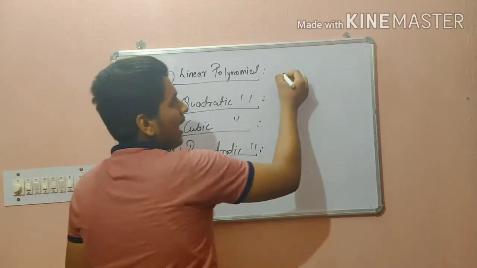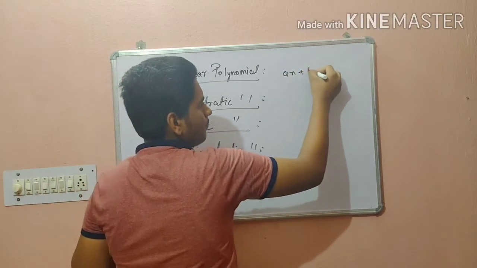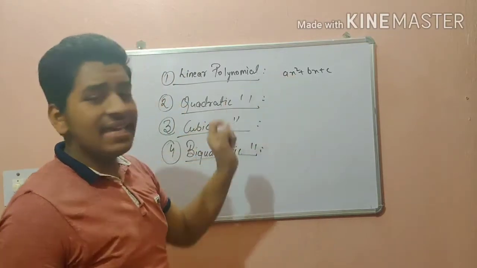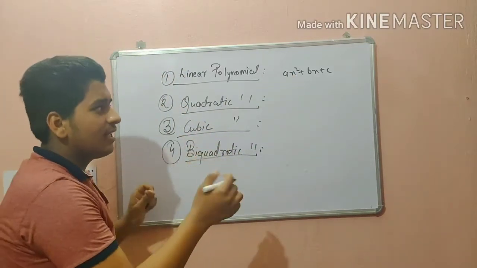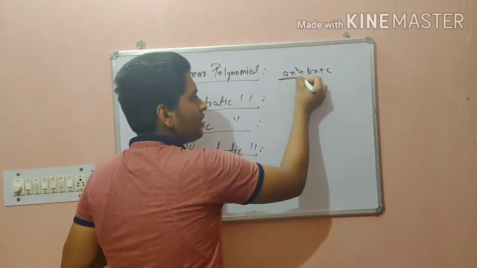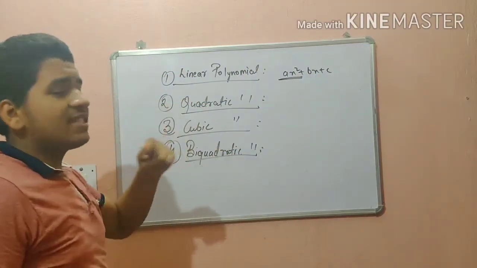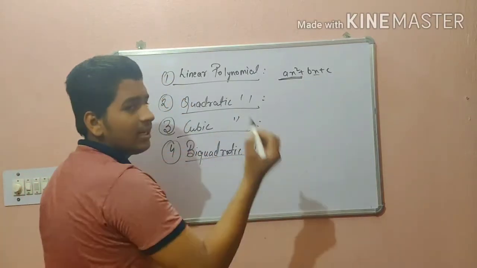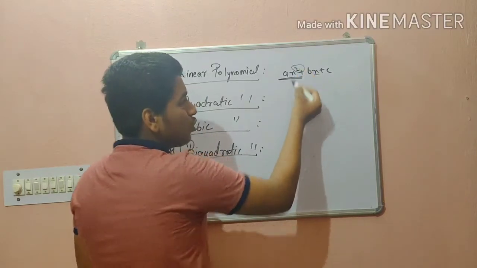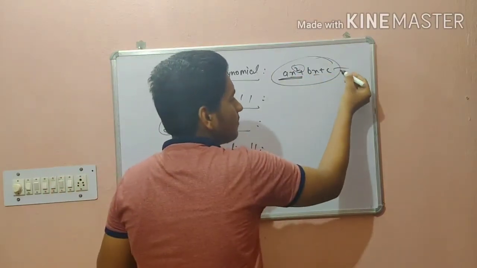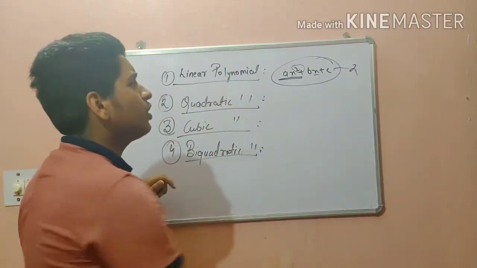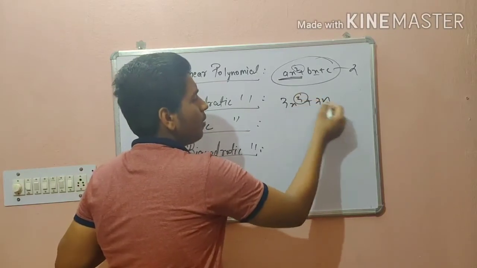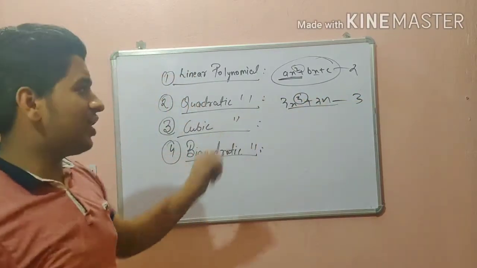Highest degree means the highest exponential power of x in the polynomial. If we consider an expression with 2x squared, the highest exponential power of x is 2, which means this polynomial is a polynomial of degree 2. Similarly, with 3x cubed plus 2x, this will be a polynomial of degree 3 because the maximum power is 3.